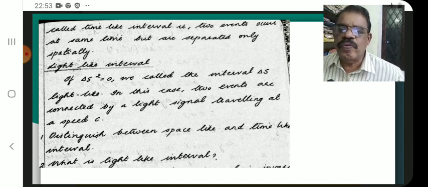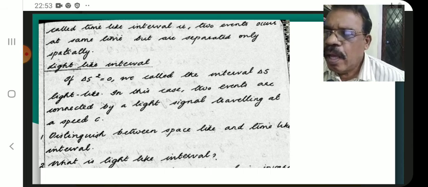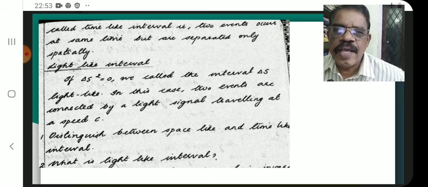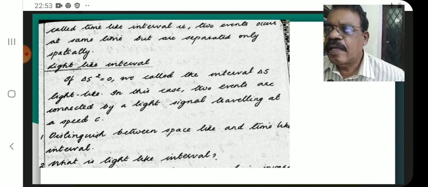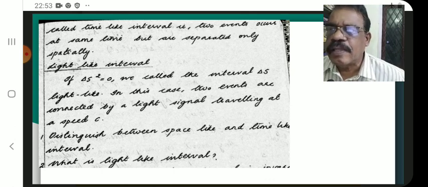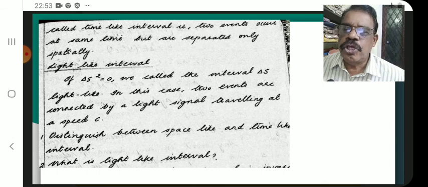When you answer the question, you write the expression for delta s square and write delta s square is delta s dash square. Then delta s is called the interval. It may be space like, time like, or light like, depending on whether delta s square is positive, negative, or equal to 0. That is a question.